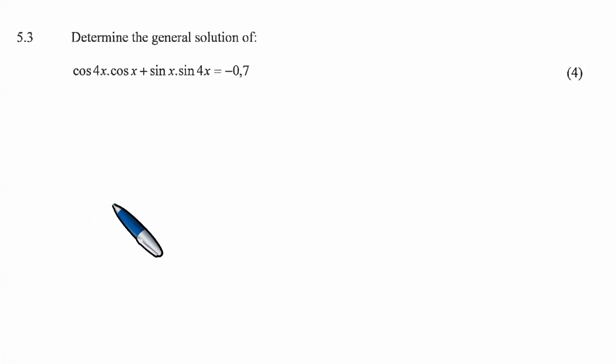Right, in the next question, you determine the general solution of this particular equation. What is the general solution of this particular equation? So, what would you do here, Noah?